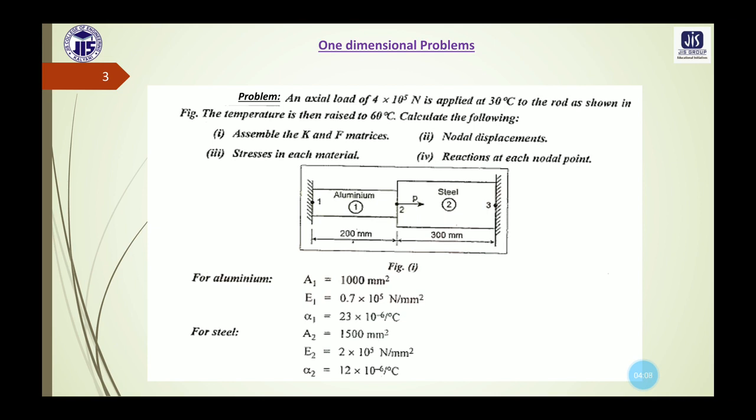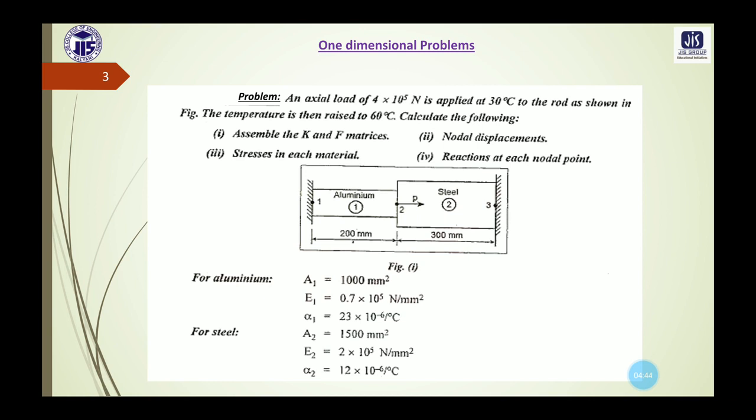So this is the first problem here. It states that an axial load of 4 into 10 to the power 5 Newton is applied at 30 degrees centigrade to the rod as shown in the figure. Now the temperature is then raised to 60 degrees centigrade. Now we need to calculate 4 different things, which are: number 1, assemble the K and F matrices.